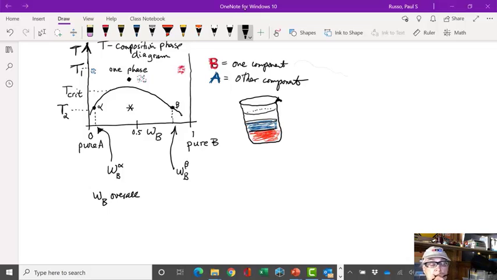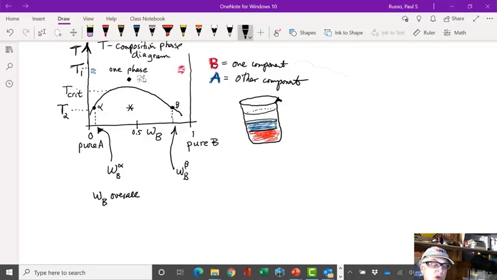So the amount of liquids that you get varies, but I really want to focus right now on why it's this way. What this is telling us is that if you give the molecules enough time, an A molecule is just as happy in the alpha phase as it is in the beta phase.